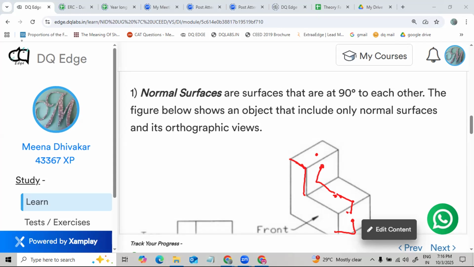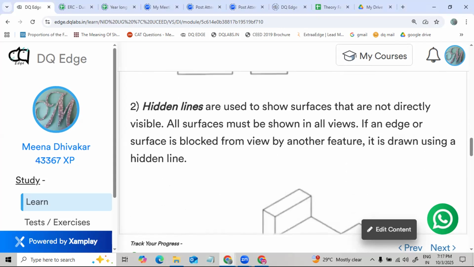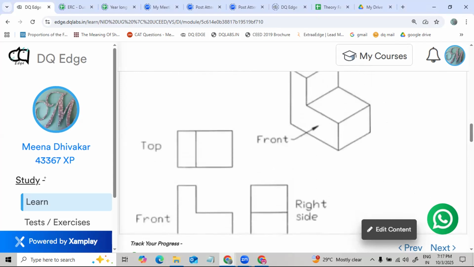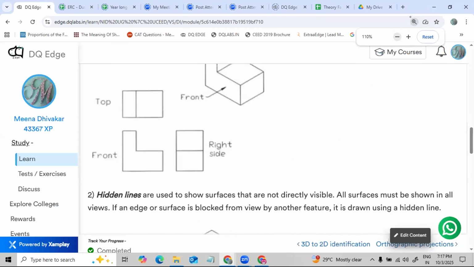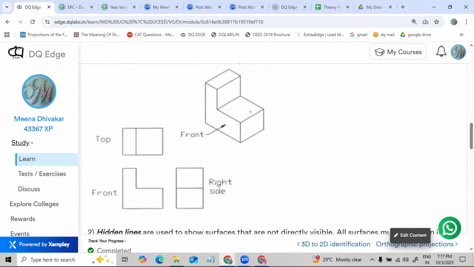So in that case, can you see this? Once again, let me zoom in, zoom out a little bit. Okay. This is a 3D figure. If I view from the top, I could see only two surfaces, which are this and this. When I see from the front, I could see the L shape. When I see from the right, I could see this one and this one.